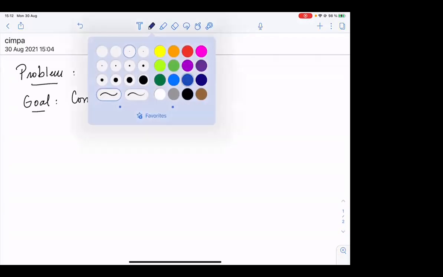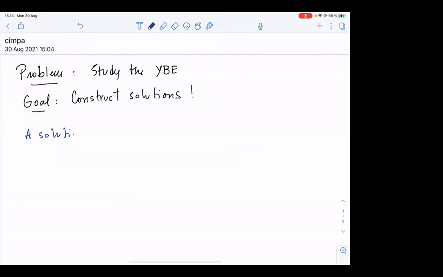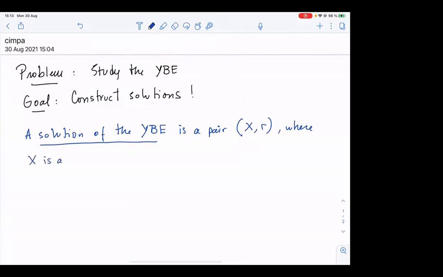So a solution of the Yang Baxter equation, this is a set theoretical solution, but okay, I will just say solution, is a pair, say (X, R), where X is a set and R is a map from X cross X into X cross X, which is bijective, and such that it satisfies the Yang Baxter equation, which is this equation that I'm writing here.